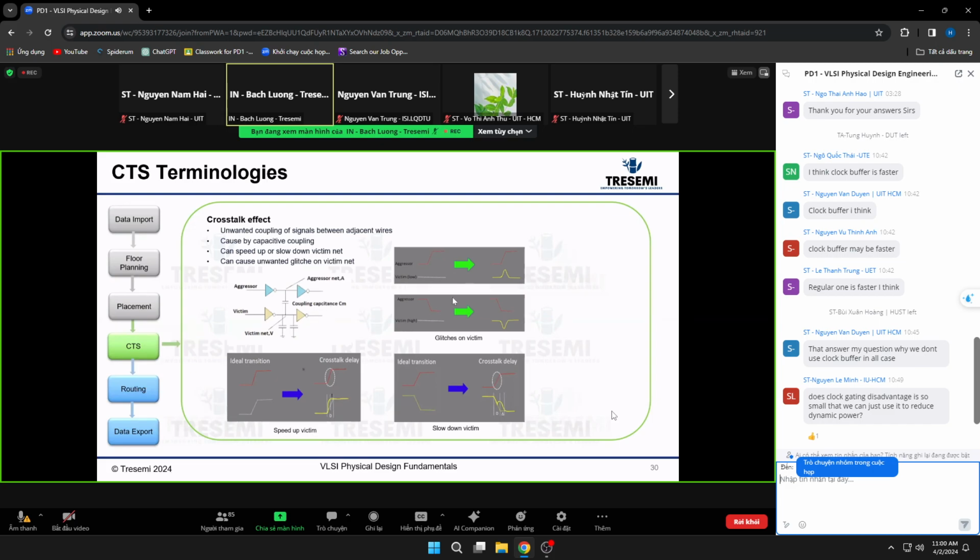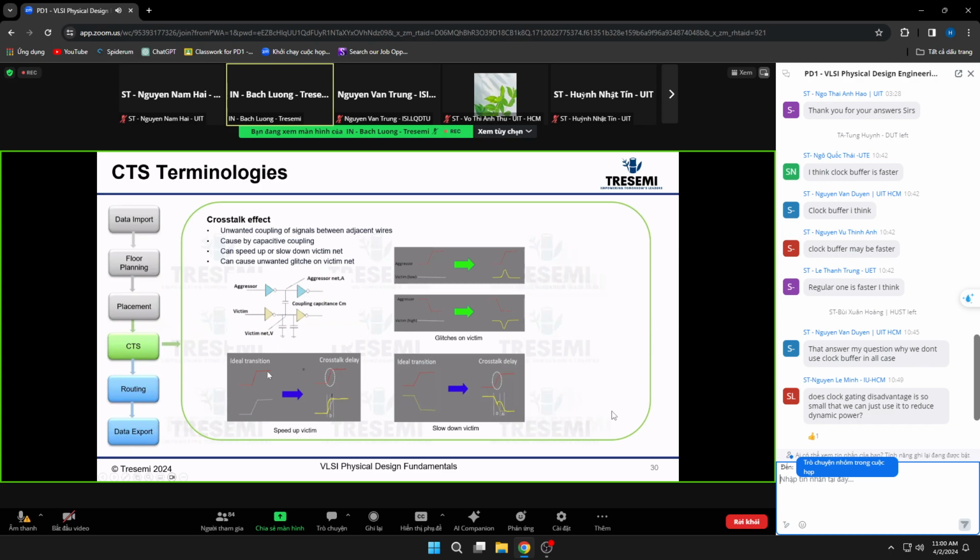We don't want this, right? It changes your signal and influences the outcome. The aggressor is usually the stronger one that causes the impact on the other net, which we call the victim net.